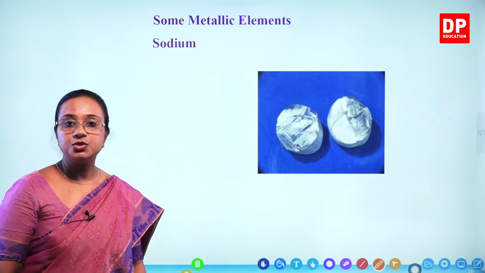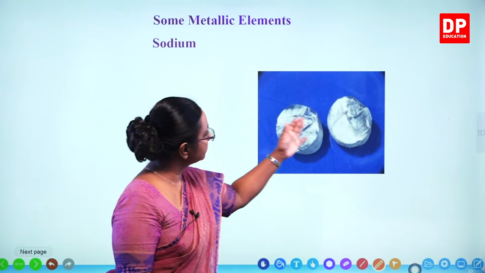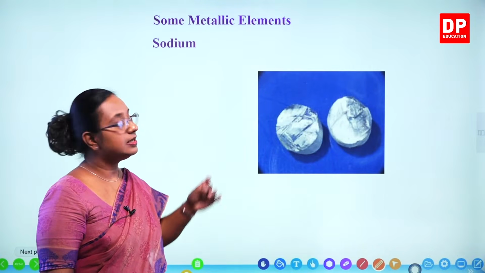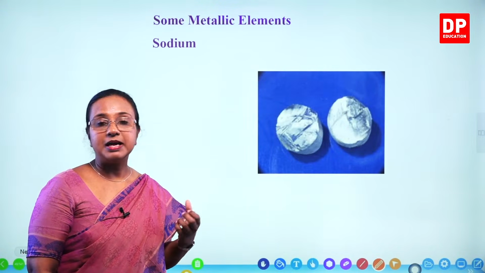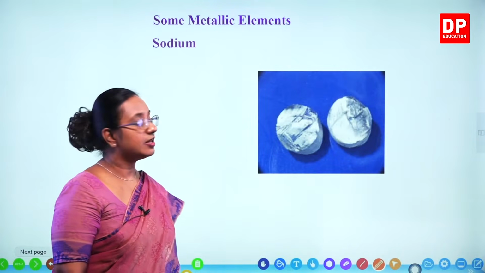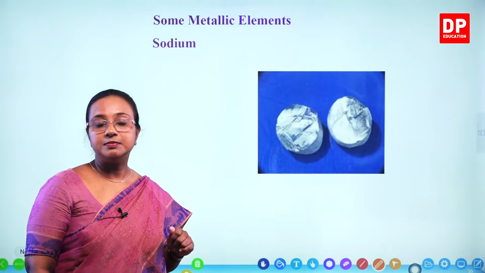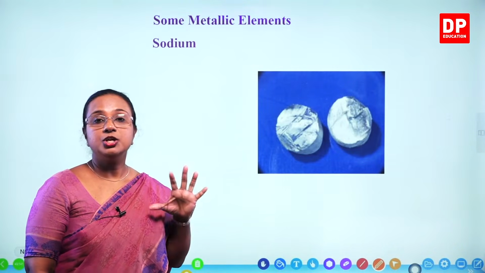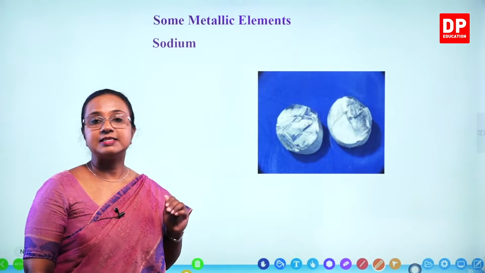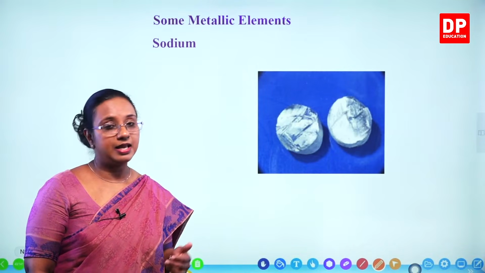First one is sodium. Here you can see in the picture, it is a shiny metal. It has a silvery shine. But because sodium is highly reactive, you don't get sodium as a native metal in nature.